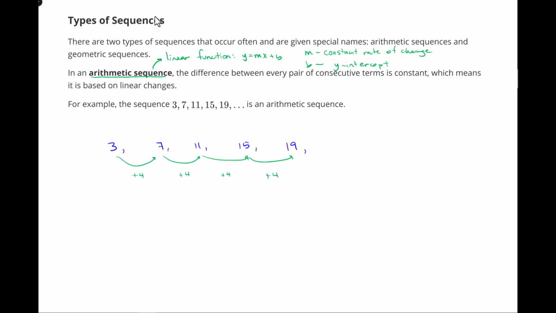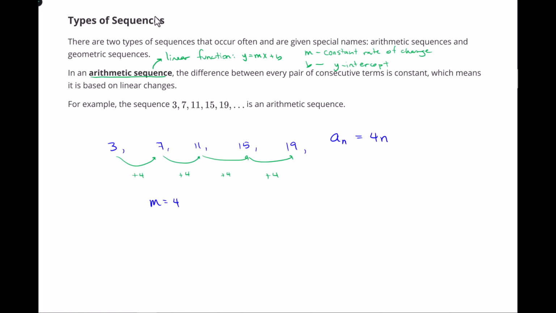You can do this mentally, but that tells you that the slope of this, or the common difference, is 4. It's always 4. So that means the nth term of this sequence is going to be defined by 4 times n, your input variable.